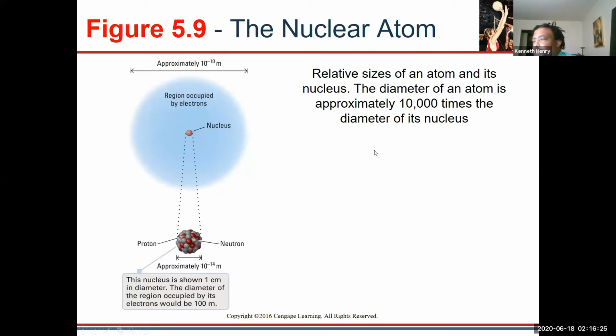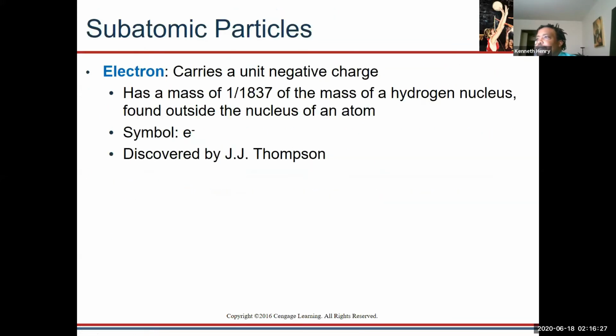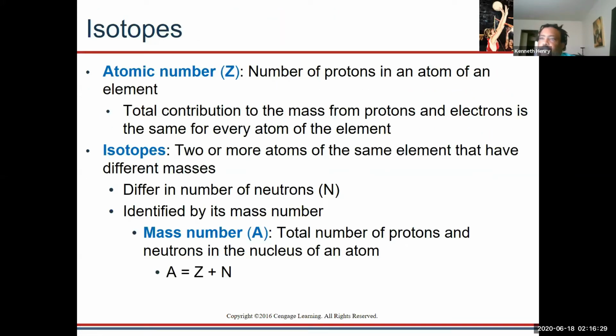So you guys, we've already talked about this. Okay, so I wanted to tell you, you'll see some symbols. If you see Z, that stands for atomic number. And then often you'll see the term A stands for mass number.